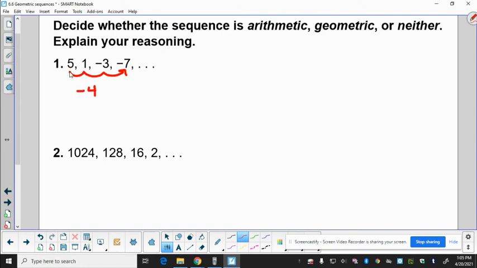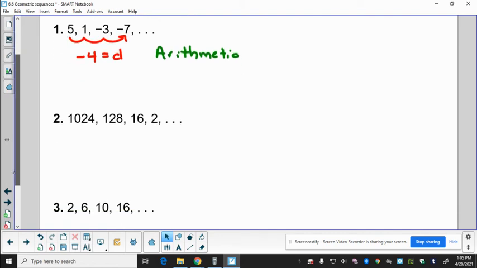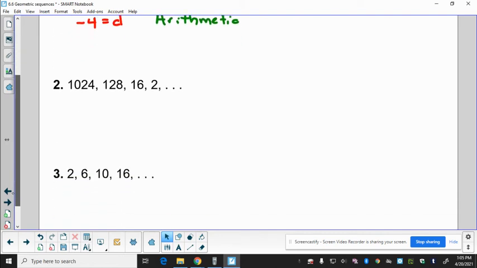And if I test that out, that does work. So that must be the common difference. That means that this one is arithmetic. That's because I'm either adding, or in this case, subtracting the same number over and over again. Let's go down to number 2. And then there's number 3 if you want to try that.